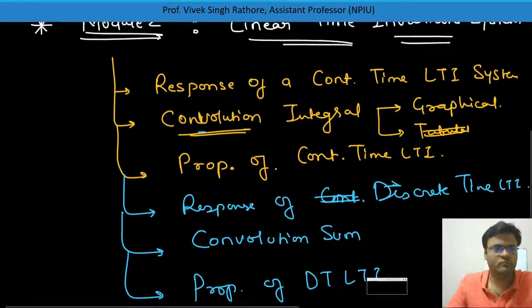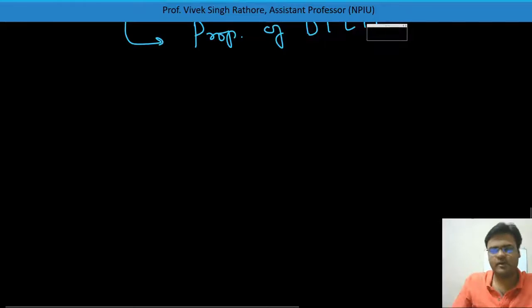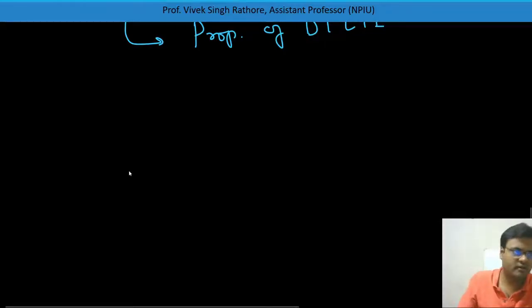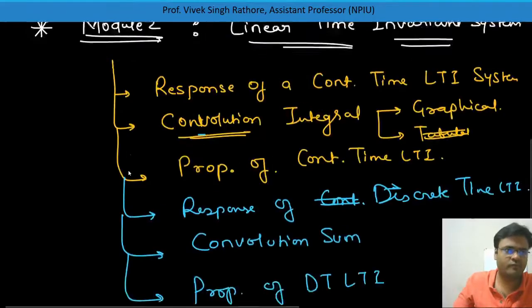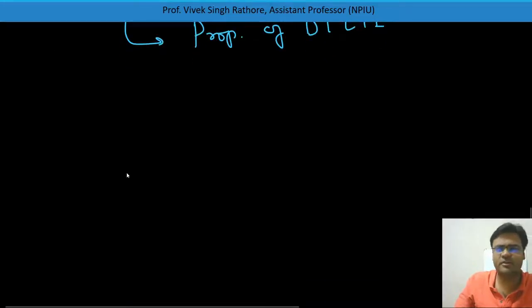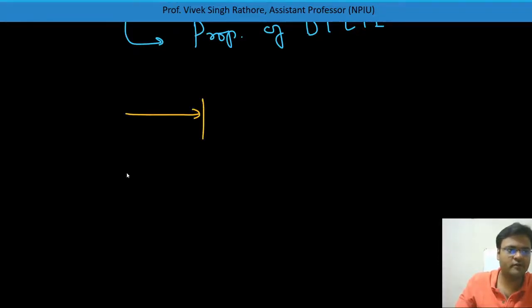We'll start our session from discrete time LTI systems, and then we'll go to continuous time, because discrete time is easier to solve. So we'll go step by step. When we talk about the response of an LTI system, this is a system, and this is the response.